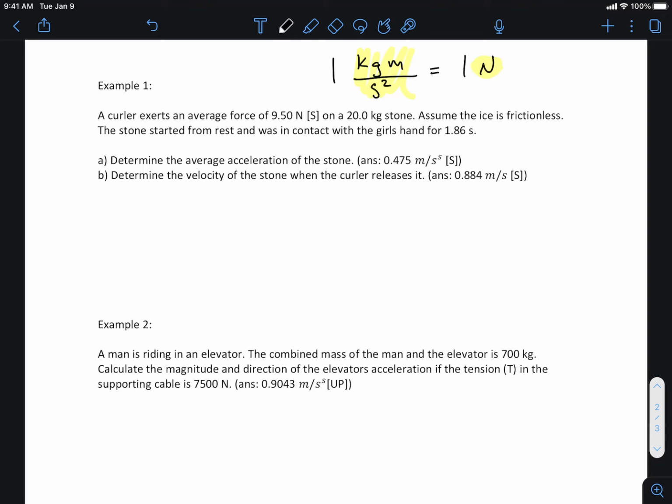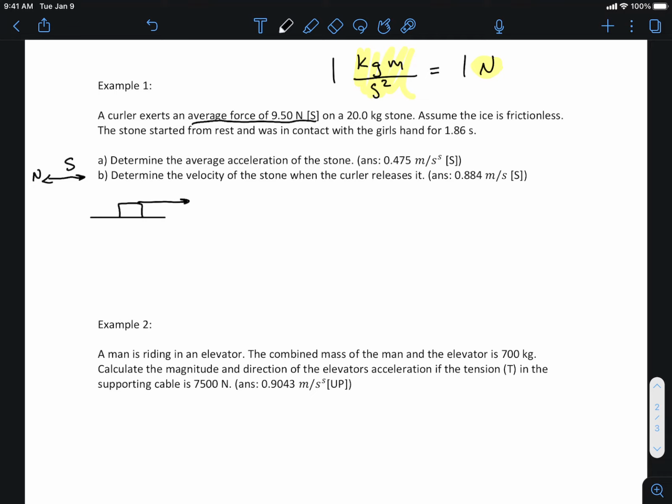I sometimes just like drawing my pictures, right? I have my ice surface here. The thing with free body diagrams is it puts words into a picture and allows you to see what's going on. So it tells us that the curler exerted an average force, we'll call this in the south direction.